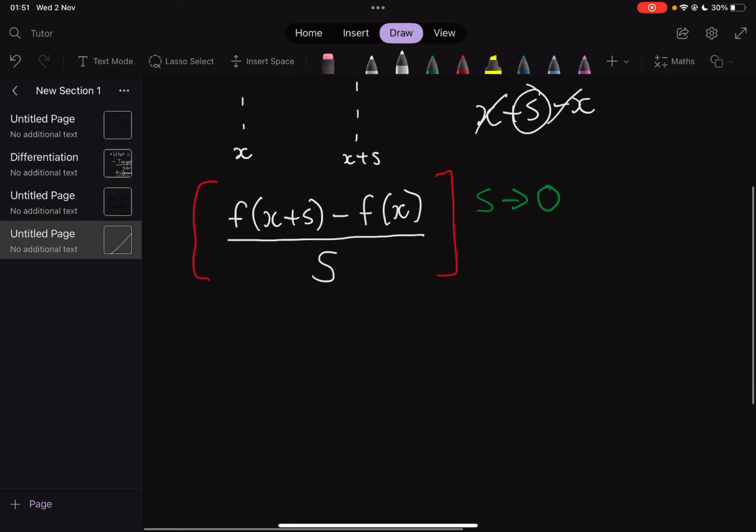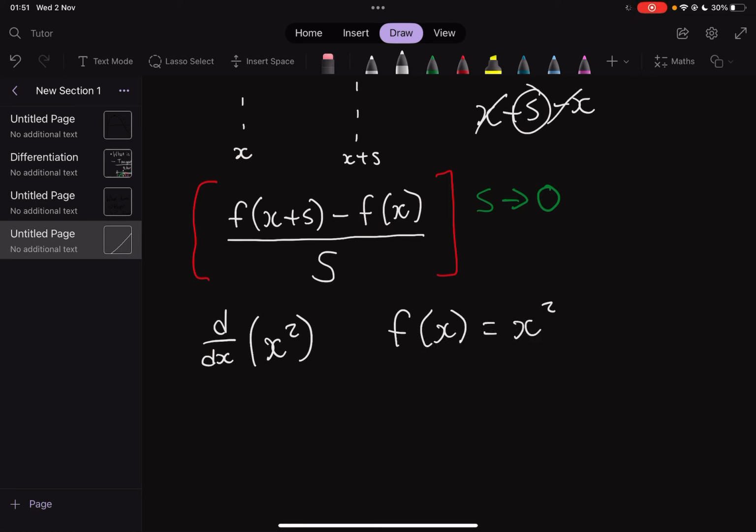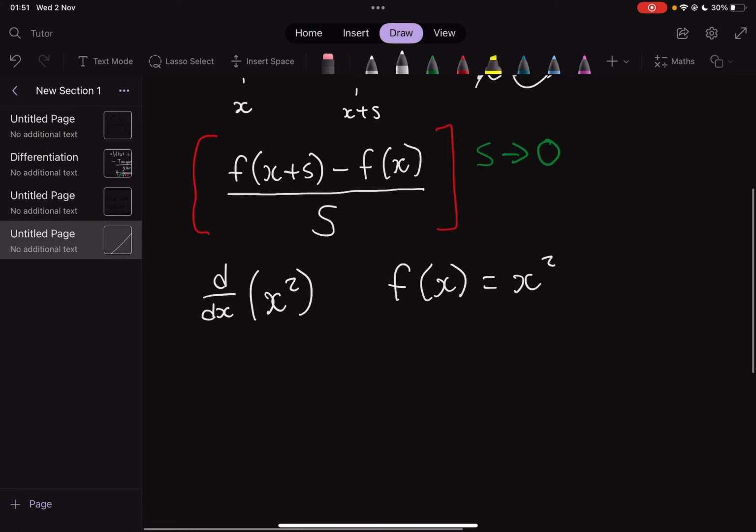So, for example, if you wanted to find the derivative of x squared, this means your function f of x is x squared. So plugging this into the first principle equation, you'll have your equation.